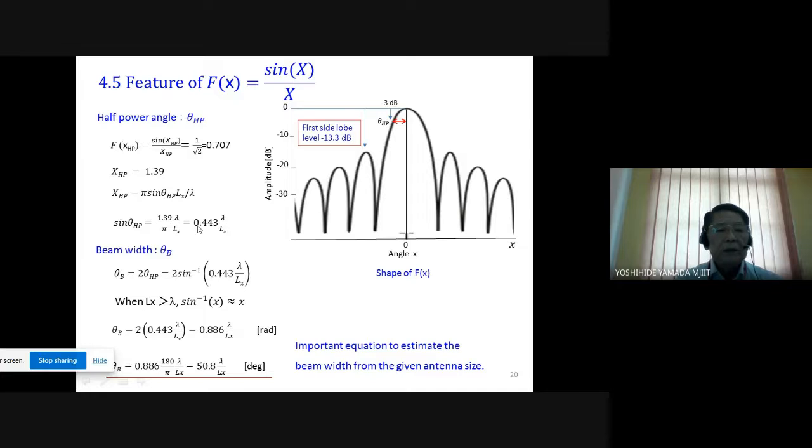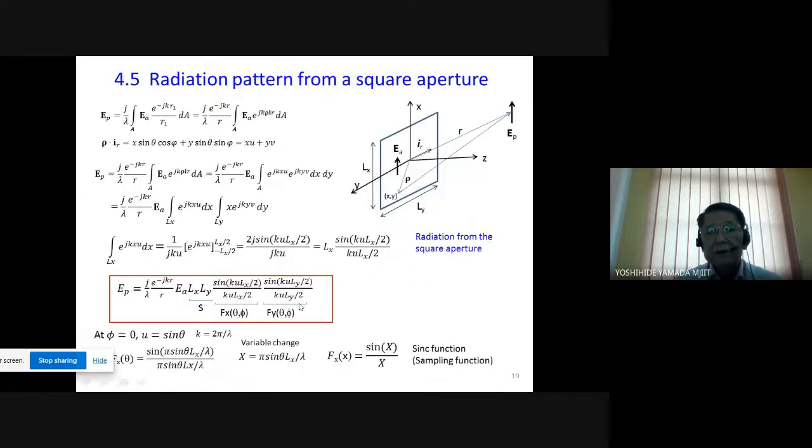The half power angle is calculated by this one. So the beam width can be calculated by using this approximation. Theta b is expressed by 50.8 lambda divided by the X direction aperture length, this one.